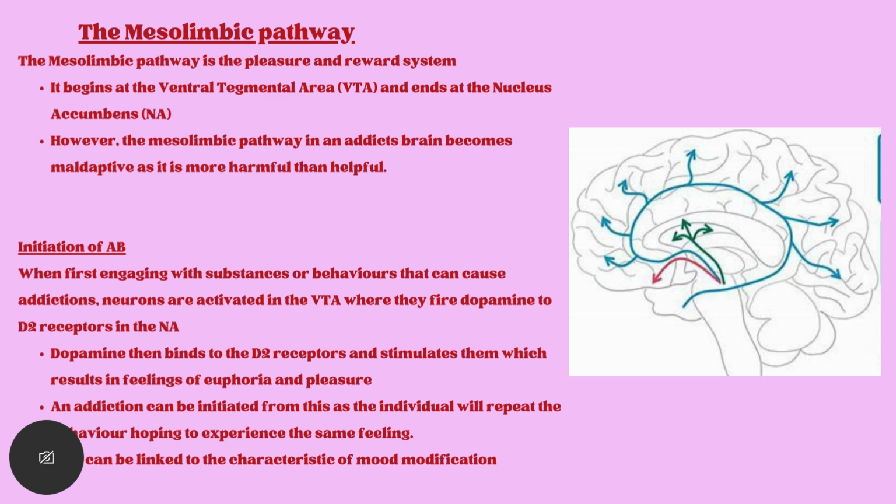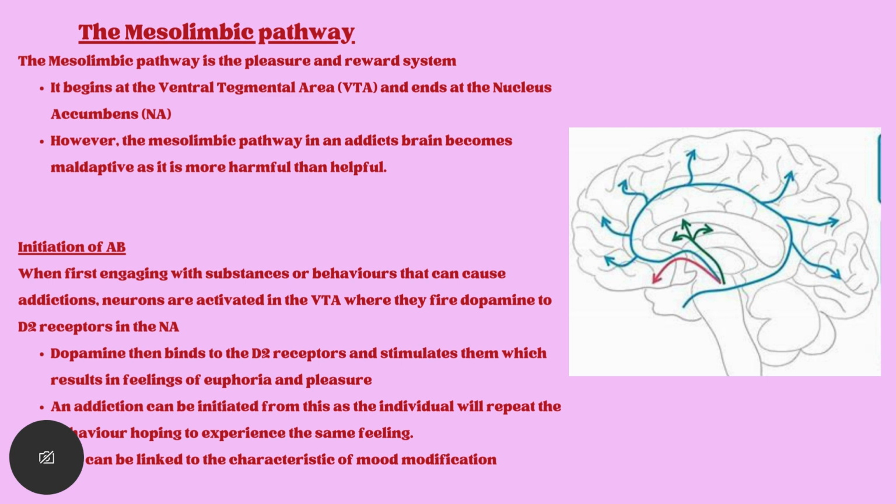When first engaging with substances that can cause addiction, neurons are activated in the VTA, where they fire dopamine to D2, which are dopamine receptors, in the nucleus accumbens. Dopamine then will bind to these D2 receptors and stimulate them, and that stimulation is what makes us feel euphoric and pleasure.